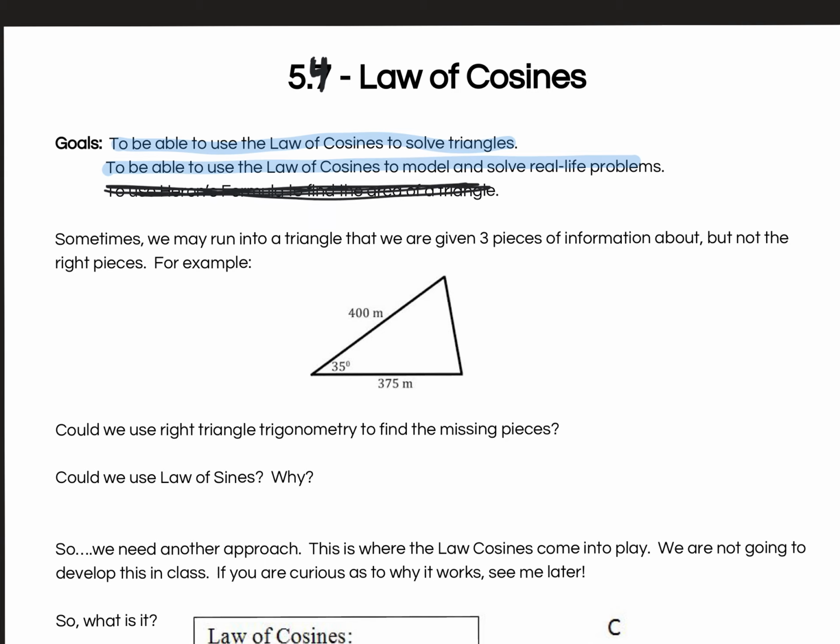There are times when we may run into a triangle where we're given 3 pieces of information, but not the right pieces. In other words, we don't have enough to use law of sines. For instance, in this triangle, I'll call it ABC.